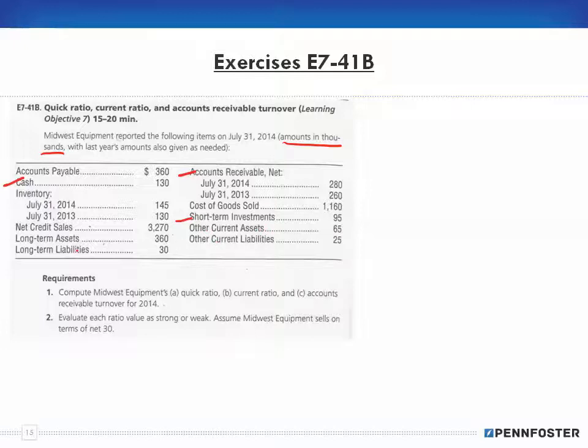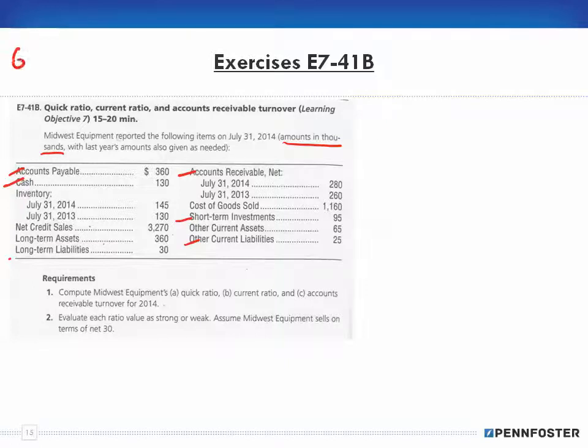Liability-wise, we have current liabilities, other current liabilities, and accounts payable.